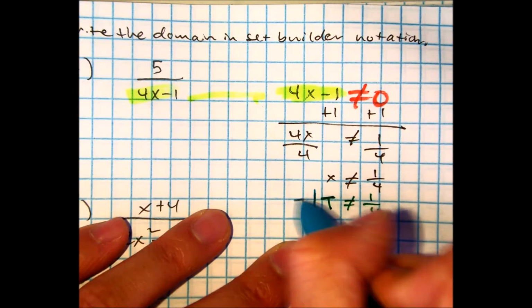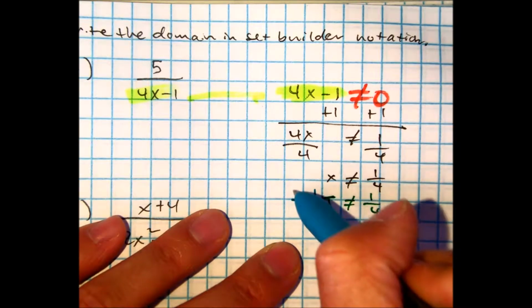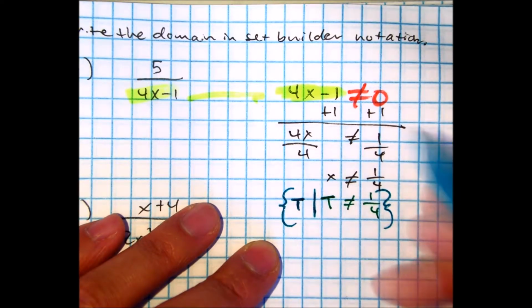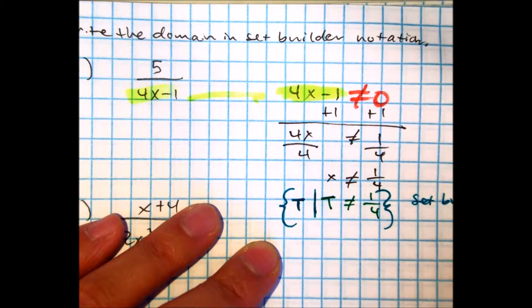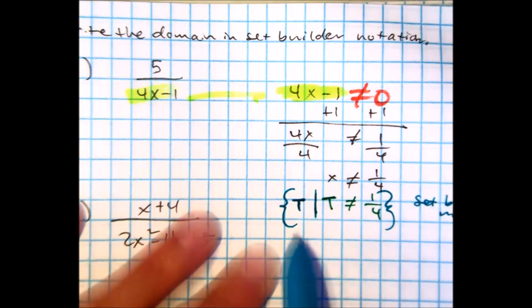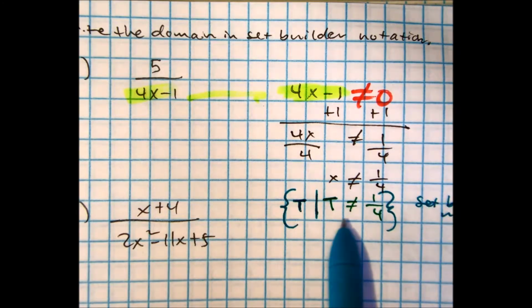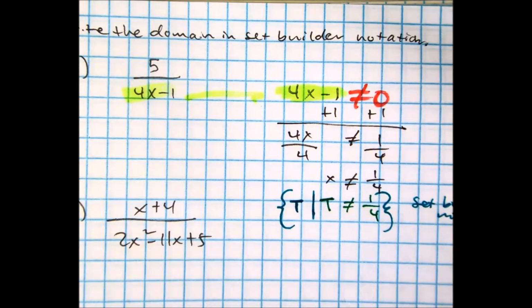You put your t or x, and then you put these fancy brackets. This is set builder. We've done it before. What does it mean? It says all real values of t such that t is not equal to 1/4.